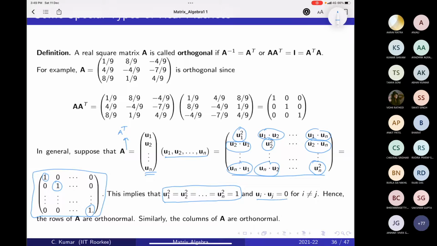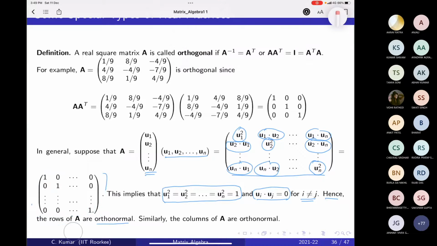That means Ui into Uj, whenever i and j are not equal, is 0. Okay, so from here we can show that the rows of A are orthogonal.